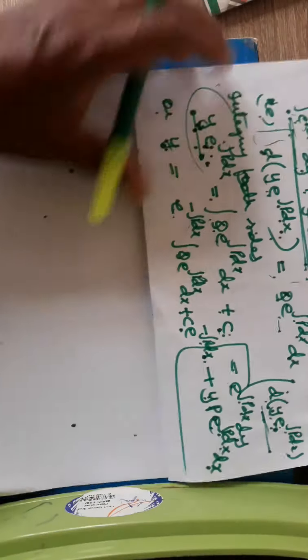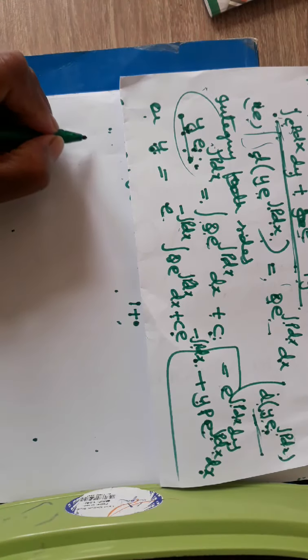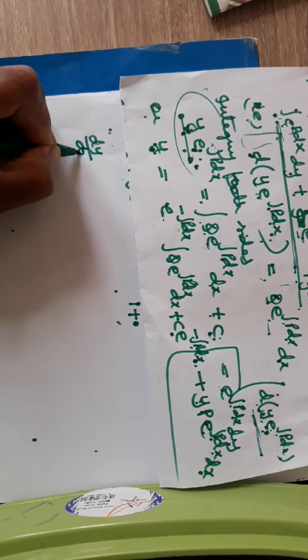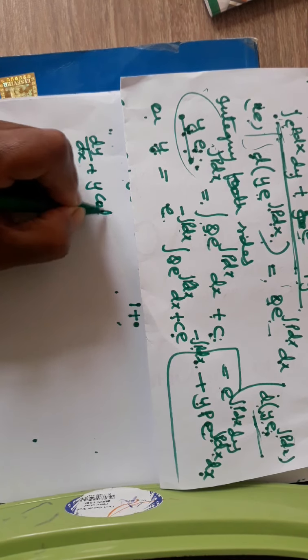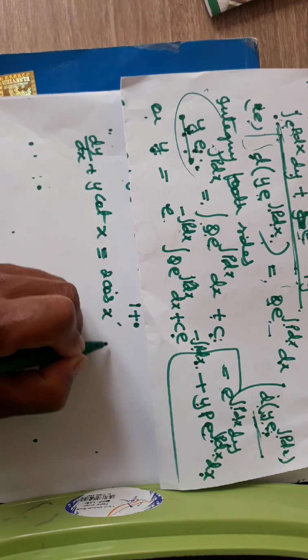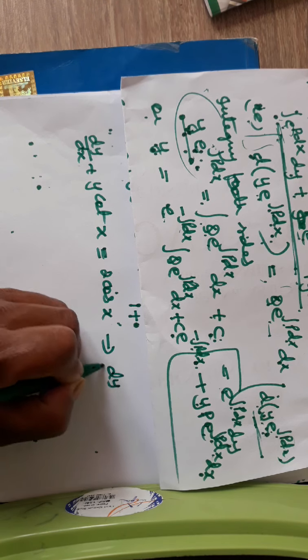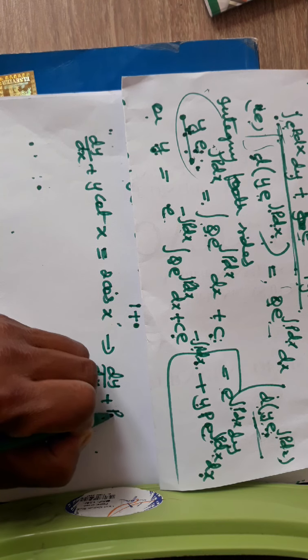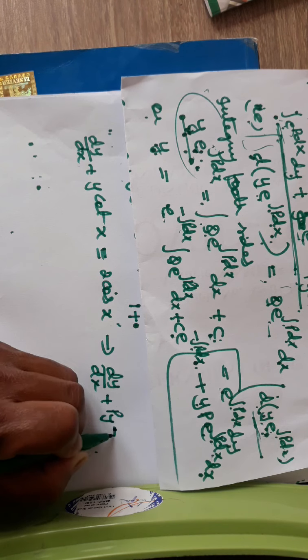Let us see in the following example how to solve this linear equation: dy/dx + y cot x = 2 cos x, which is of the form dy/dx + py = q.